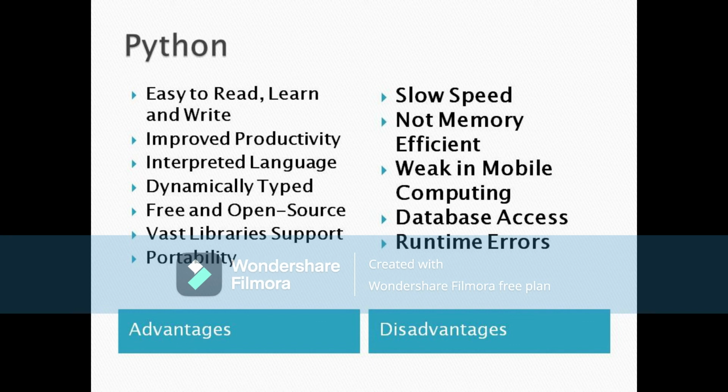Then we have Python. When we talk about data science nowadays, two languages are used widely, Python and R, right? There is a lot of discussion and debate over which language to use for data science, whether to use Python or R. Each and every language has its advantages and disadvantages.